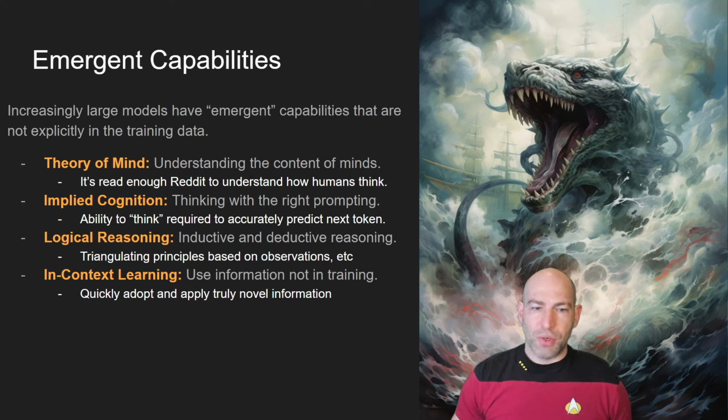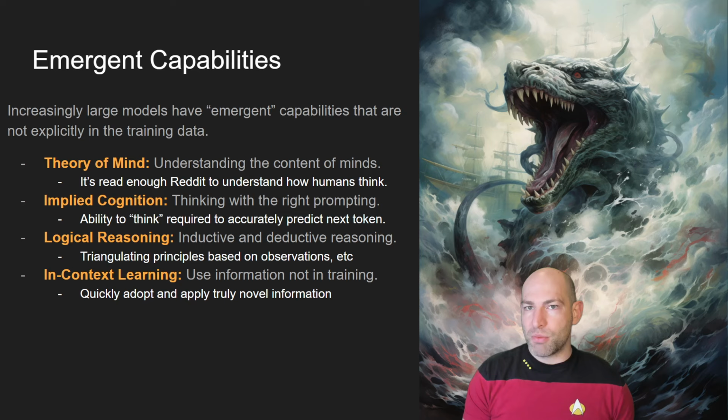Logical reasoning. So inductive and deductive reasoning, basically triangulating principles from general observations or vice versa. Again, if you tell it to analyze this with a specific framework, use inductive reasoning, use deductive reasoning, it will surprise you with what it's capable of doing. And finally, in-context learning.